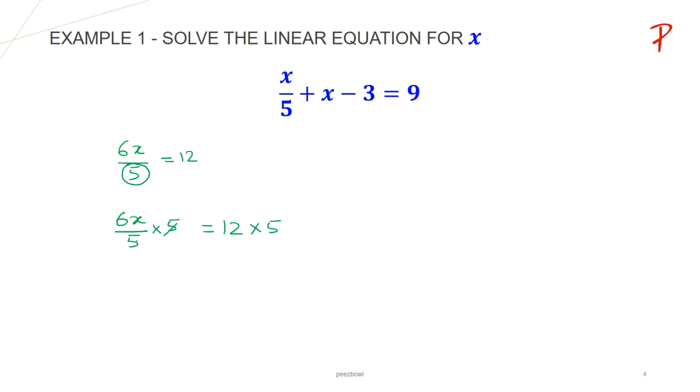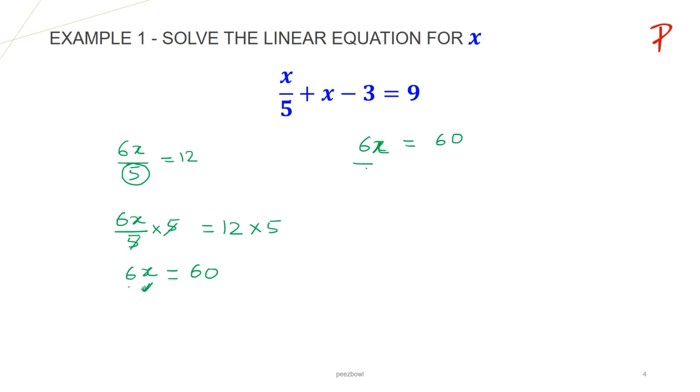So this 5 and this 5 will cancel each other, and now we have 6x is equal to 12 multiplied by 5 is 60. Now in order to find out the value of x, I need to remove 6 from 6x. How shall I do that? Let me write it down here. 6x is equal to 60.